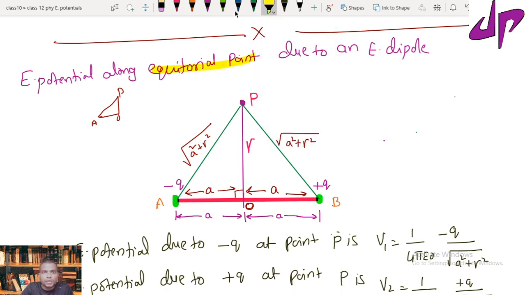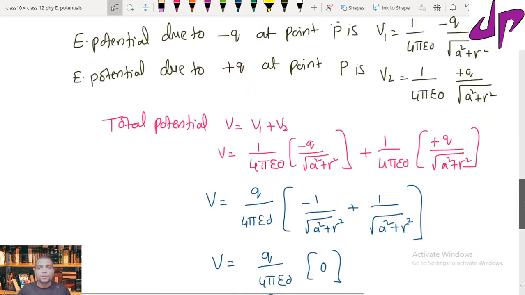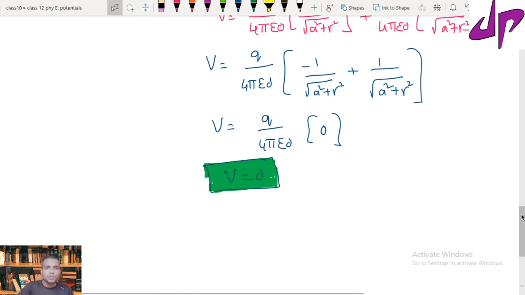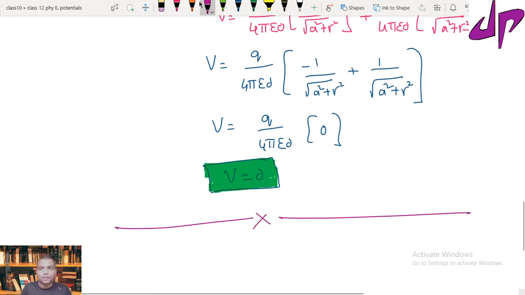On the equatorial line, anywhere from minus infinity to plus infinity, the potential value becomes 0. So this is the final result for the electric potential due to an electric dipole along its equatorial point.